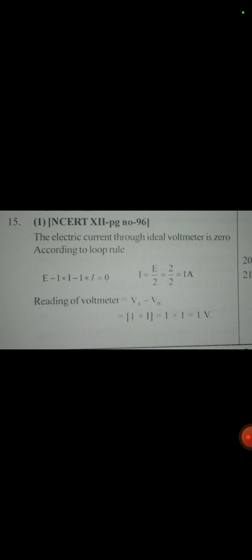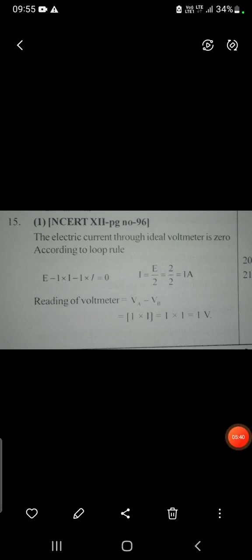Therefore E comes out to be 1, and I comes out to be 1 ampere. Reading of the voltmeter, VA minus VB, comes out to be 1 volt.